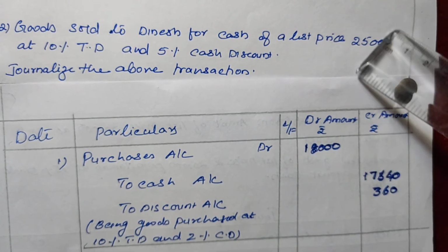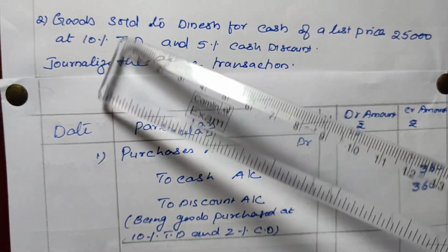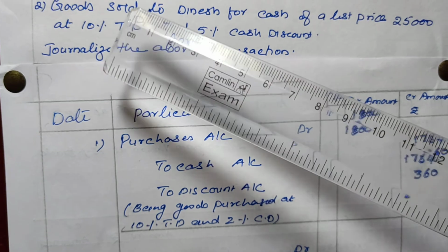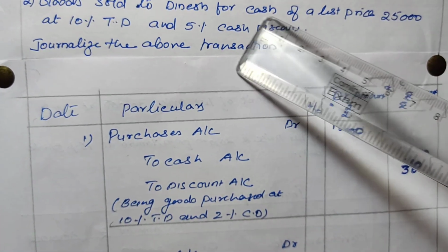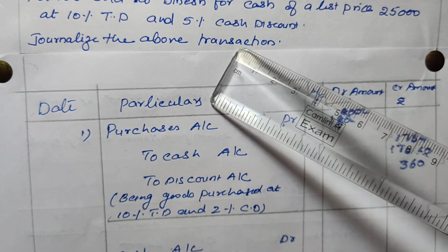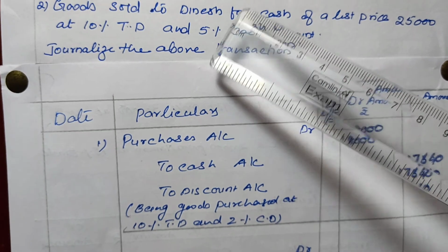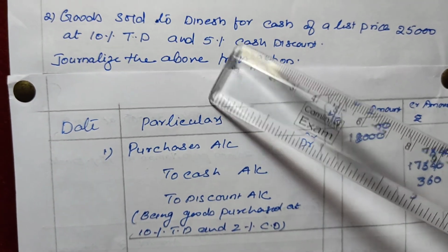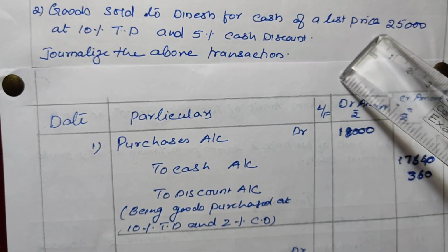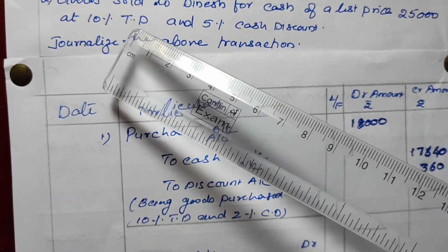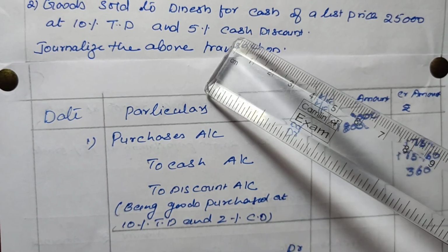From this list price we deduct trade discount 10%, then we get the net sales value, and from that net sales value we deduct 5% cash discount. Then we get the amount received. Here it is sales, so we will receive the amount. So the steps of the working note: list price minus TD, then we get the net sales value, then from that we deduct 5% cash discount.